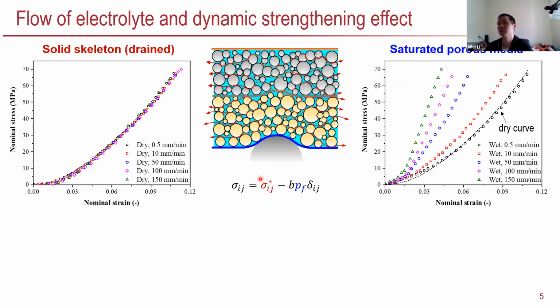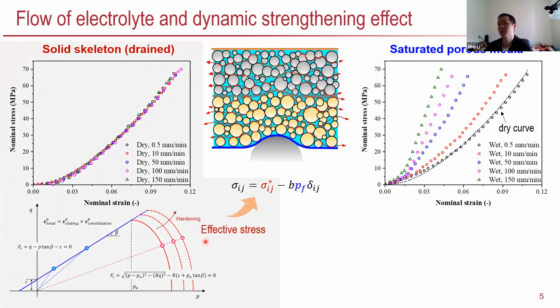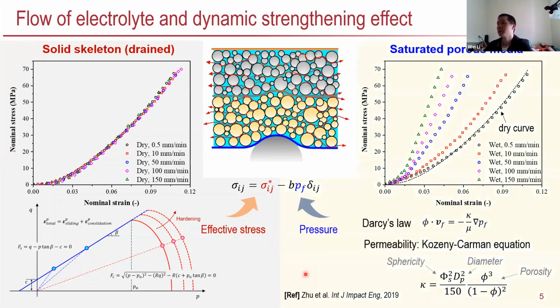So except for the contribution from the solid skeleton, we also consider the pressure from the fluid. For the mechanical solid part, we will use the model we developed before. And for the electrolyte or the fluid flow, we need Darcy's law to describe the fluid flow.